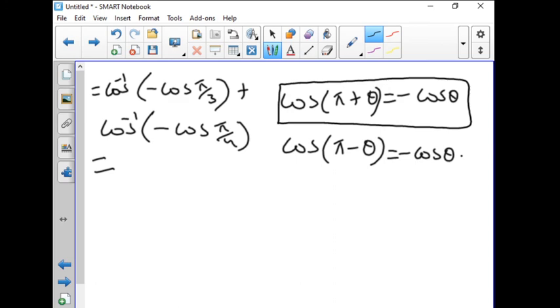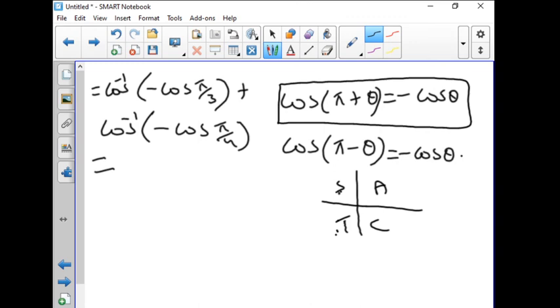Pi plus theta lies in the third quadrant. Therefore, we have minus cos theta. Pi minus theta lies in the second quadrant. Okay, all students taking chocolate. So, second quadrant cos is negative. Third quadrant also cos is negative. So, 180 is even. Therefore, we write cos as it is.